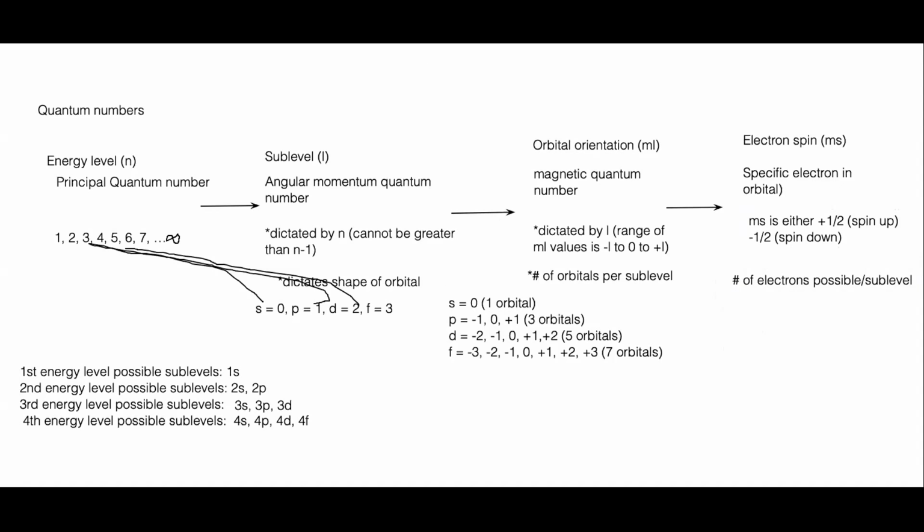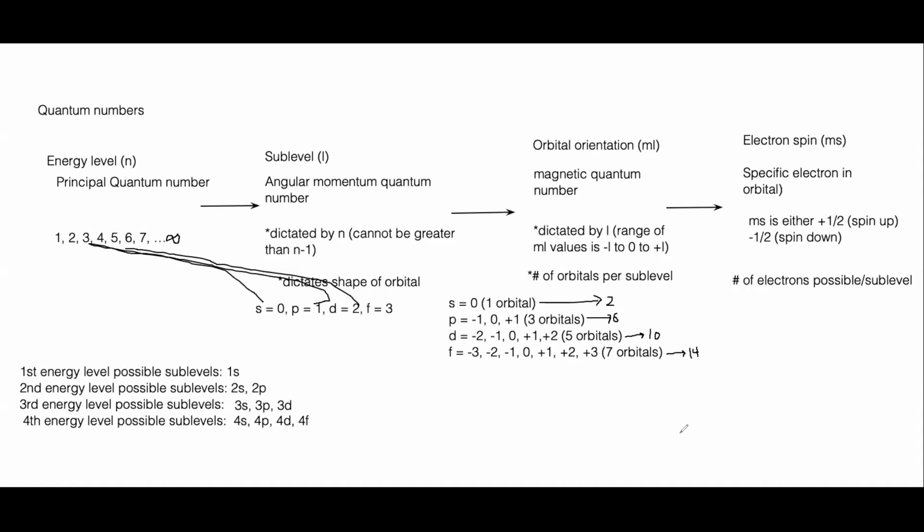Taking our cues from the previous, there's a possibility of 2 electrons in the s sublevel, 6 electrons in the p sublevel, 10 electrons in the d sublevel, and 14 electrons in the f sublevel.